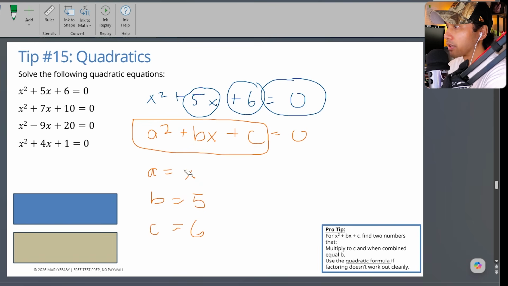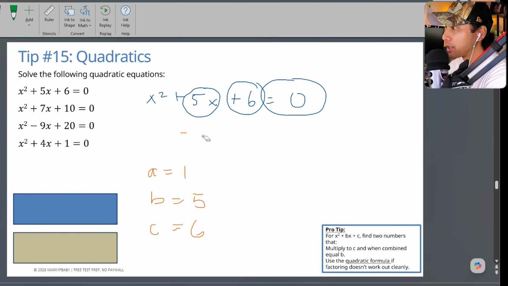When it's just x squared by itself, it's just a 1. This is very important for the last question. But for what I'm teaching you right now, all you need to know is what two terms multiplied equal 6 and then combined together equal 5x.